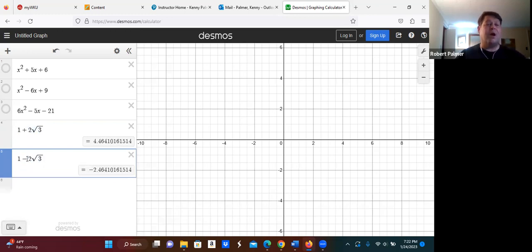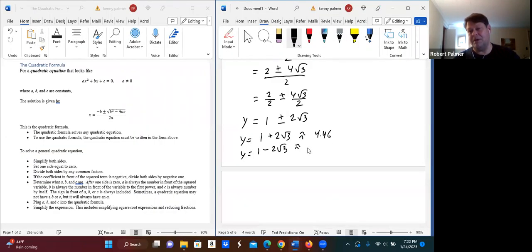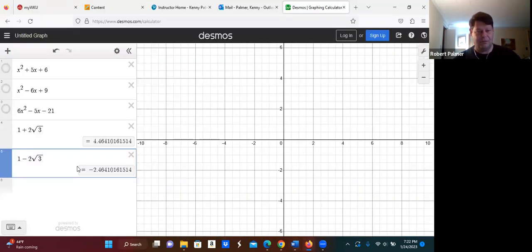This way we can approximate both values, because often that's really useful. And so the first one is approximately 4.46. The second one is approximately -2.46. Let's double check that again.